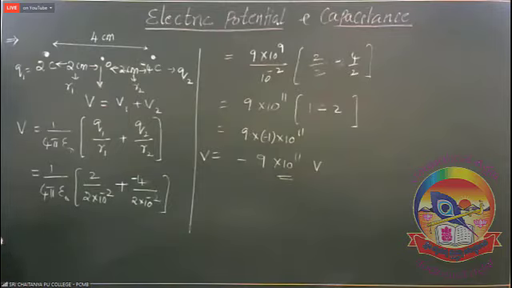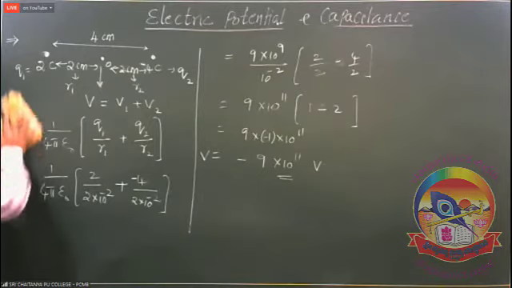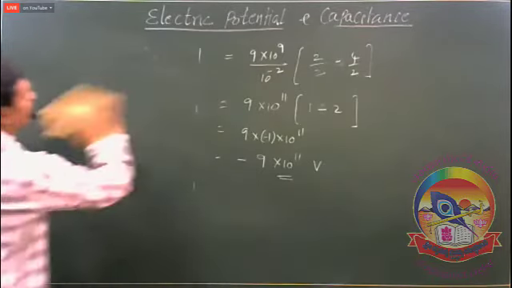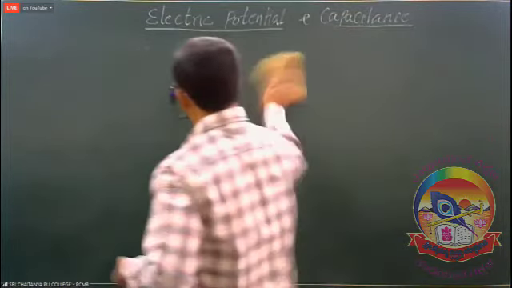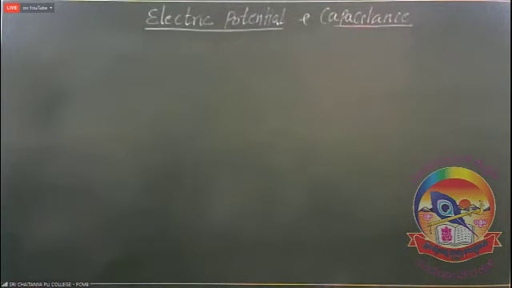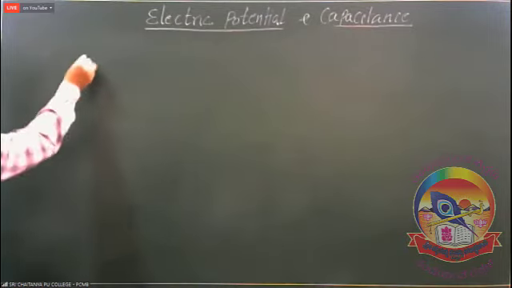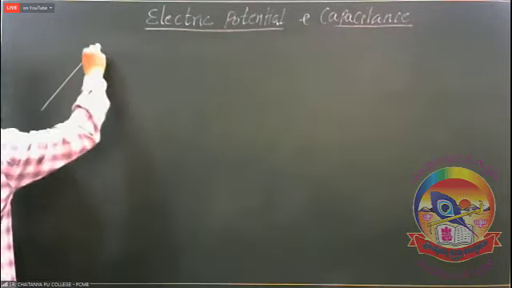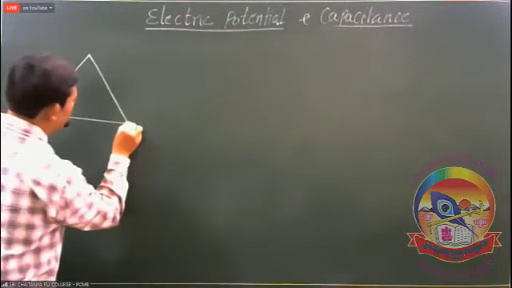Next. Come on, note down. I'll ask you a small question. This is an equilateral triangle.